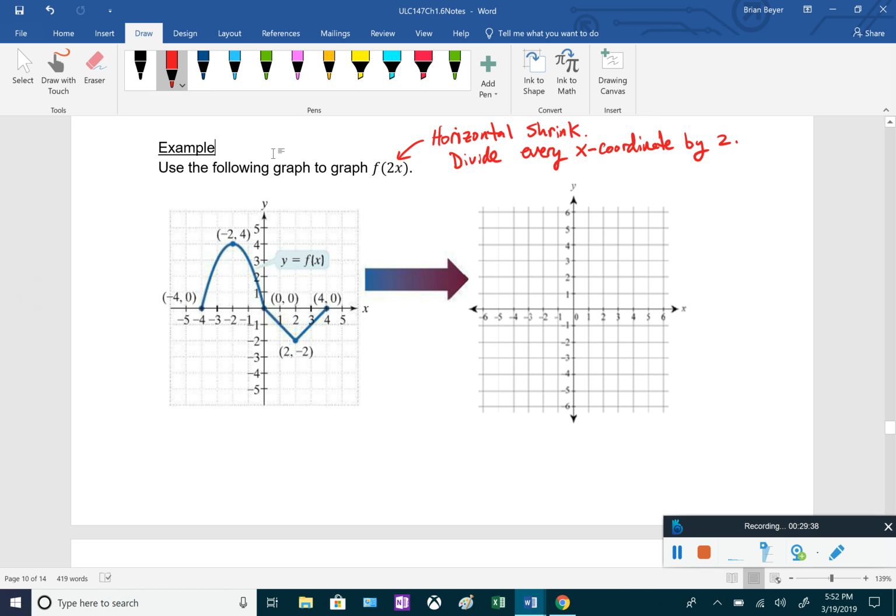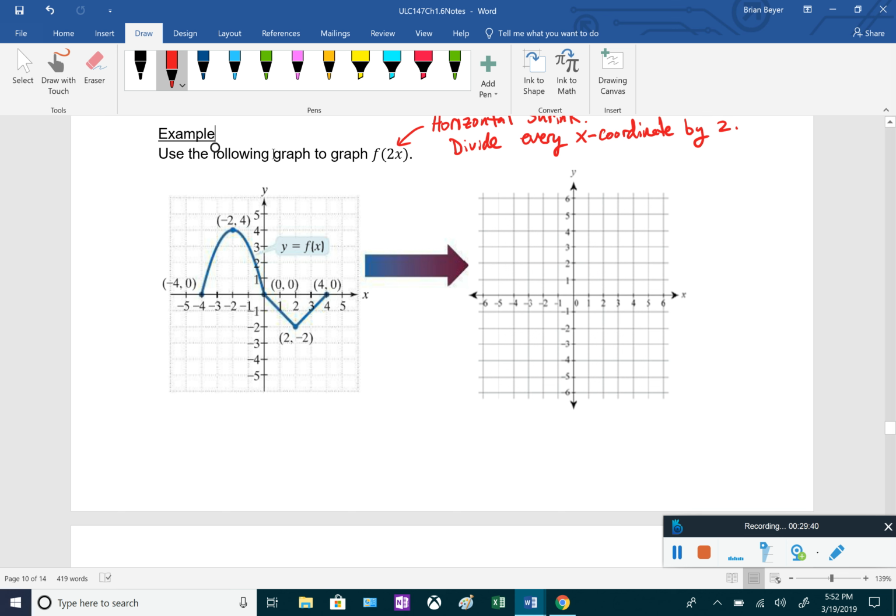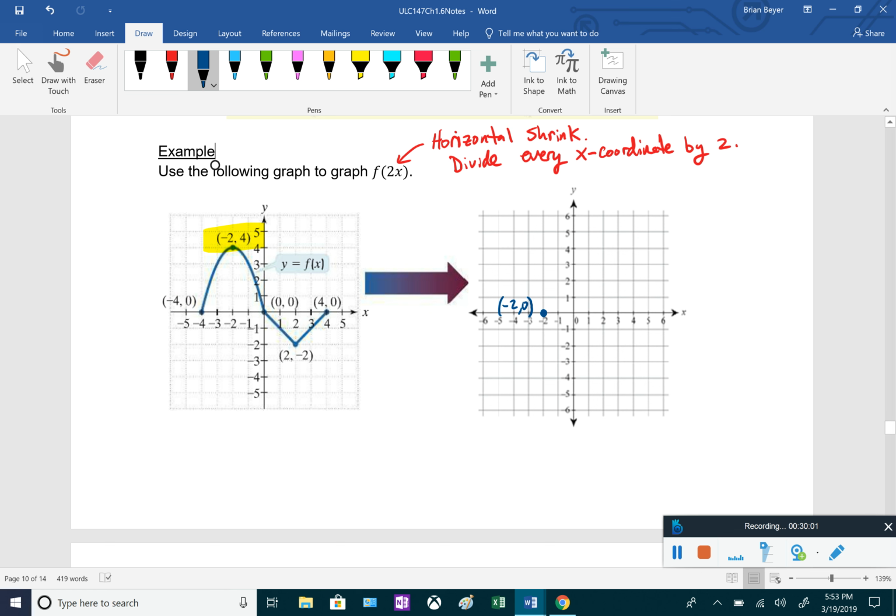Okay, so starting with the leftmost coordinates here, we have -4, 0 all the way over here. Dividing the x coordinate by 2 gives us -2, 0. So we plot that point. Next, we have this coordinate -2, 4. So dividing the x coordinate by 2 once again, negative 2 divided by 2 is negative 1.